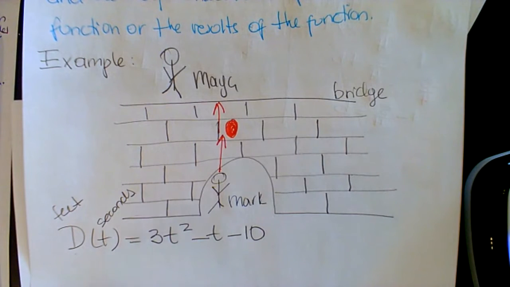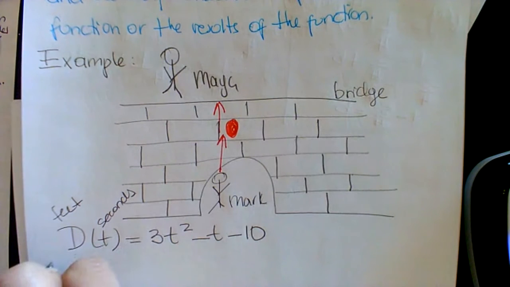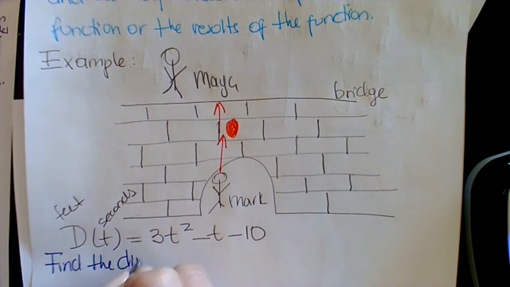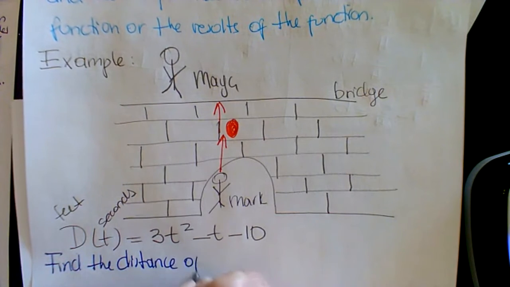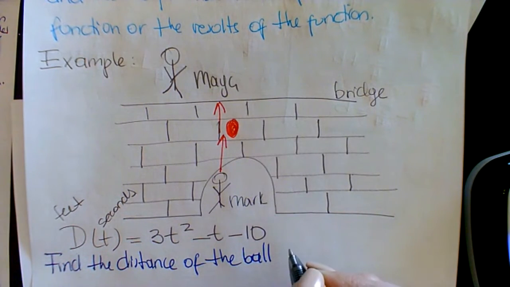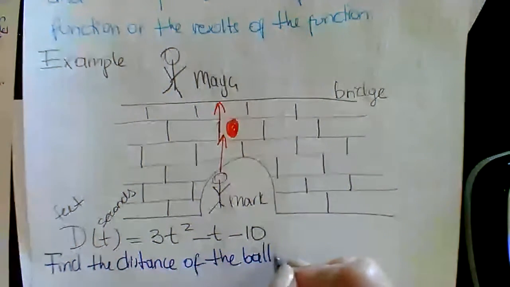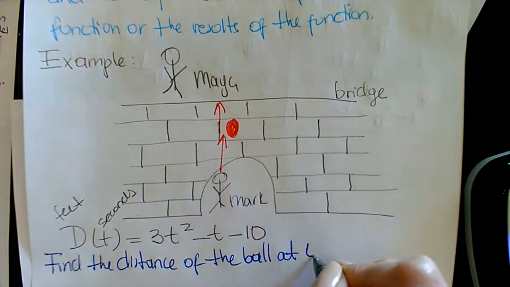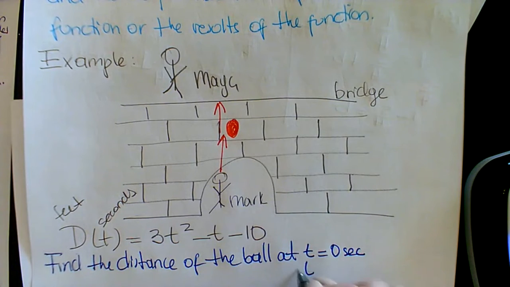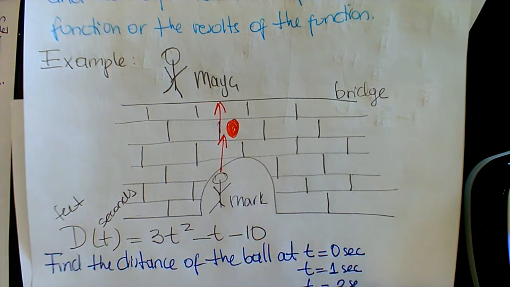And the question is, find the distance of the ball at t equals 0 seconds, t equals 1 second, and t equals 2 seconds.